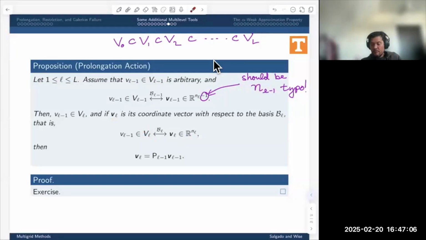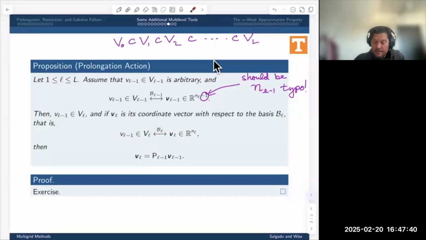Then what we can show is that the prolongation acting on VL minus 1, the coordinate vector of this function, gives me a new coordinate vector. The question is, what is that a coordinate vector of? It turns out it's precisely the coordinate vector of that same function, but with respect to that different basis.